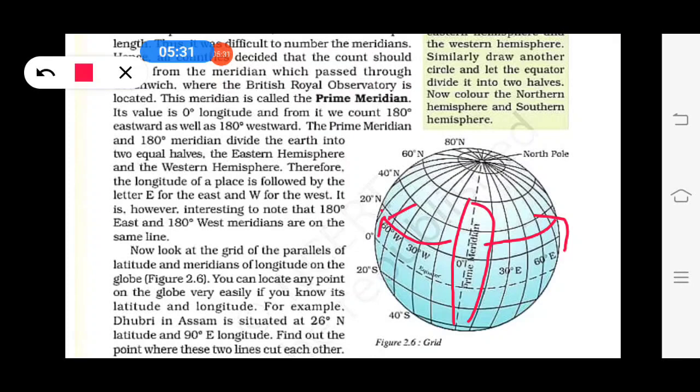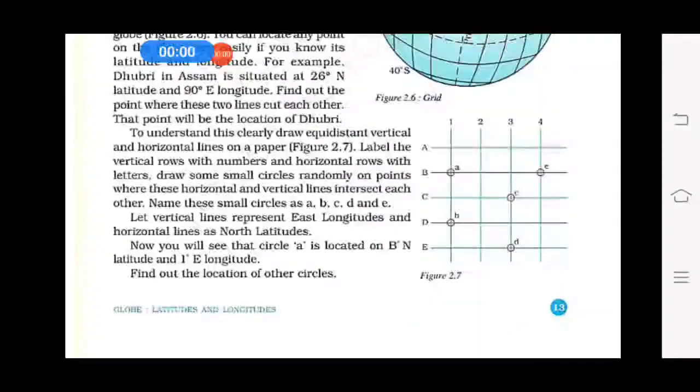For example, Dhubri in Assam is situated at 26° north latitude and 90° east longitude. Where these two lines cut each other, meaning meet each other, that point will be the location of Dhubri in Assam.